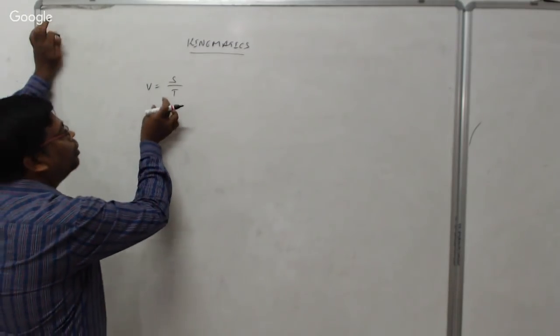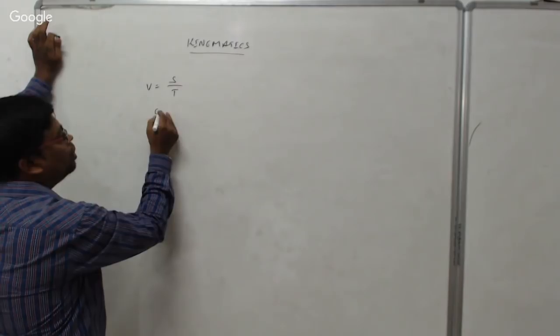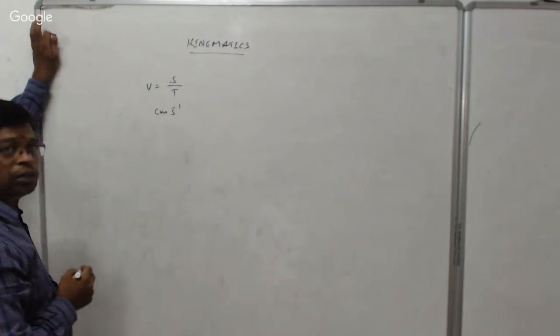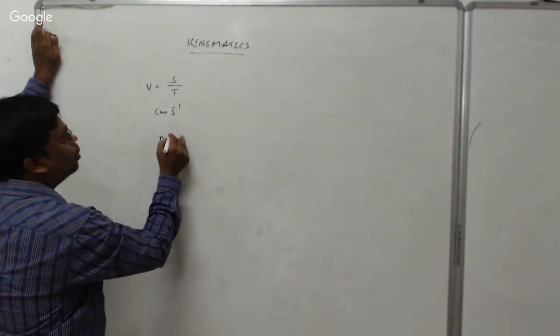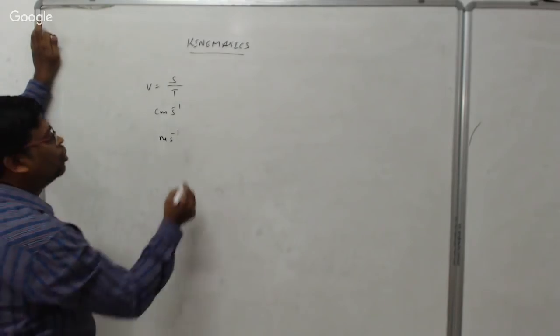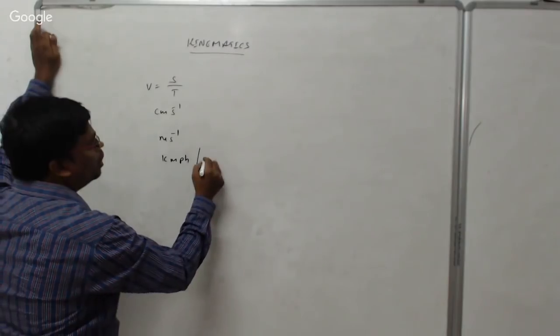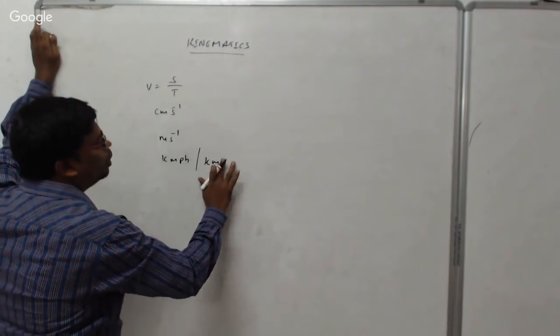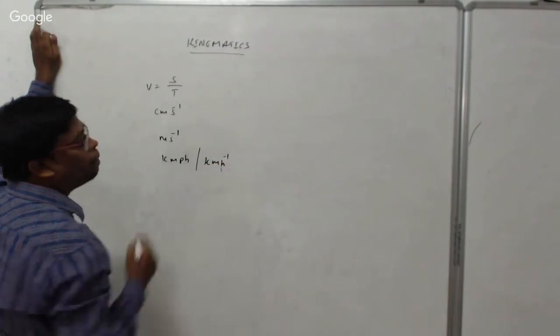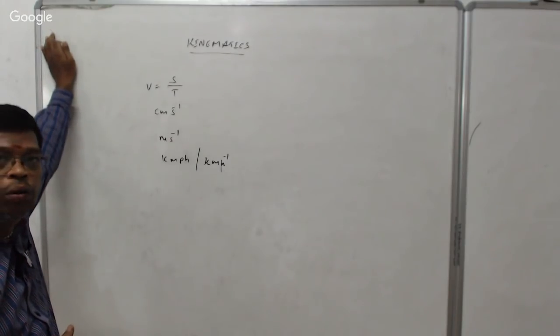Then, speed is measured in centimeter per second or meter per second or in kilometer per hour. This can also be written as km h inverse, kilometer per hour.